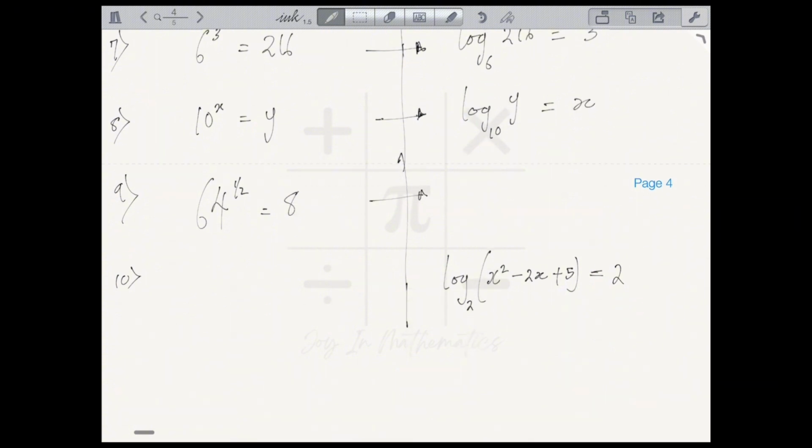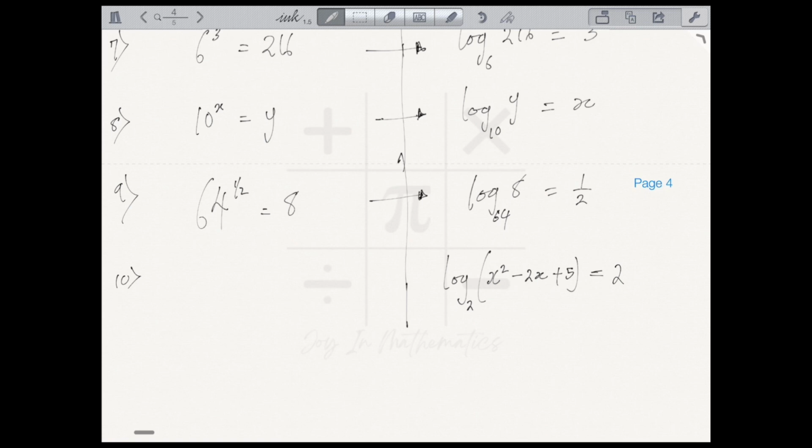And in the same vein, we have 8 as the number, 64 as the base, 1/2 as the index. So that is log of the number, which is 8, to the base, which is 64, equal to the index, and this is 1/2.